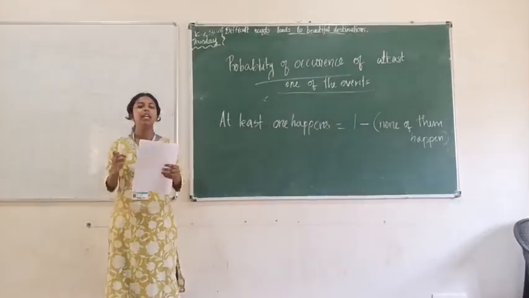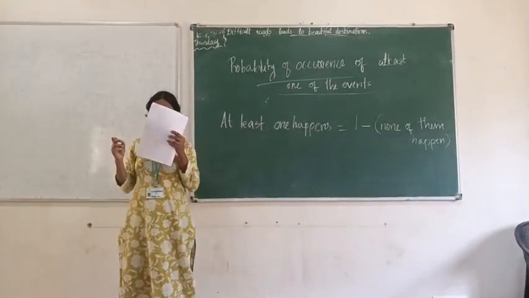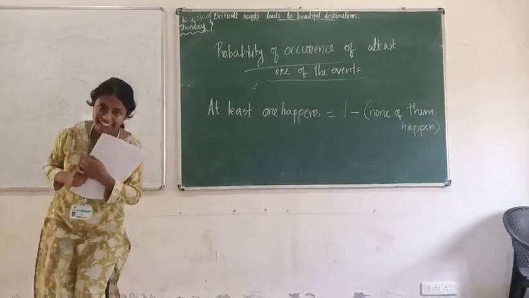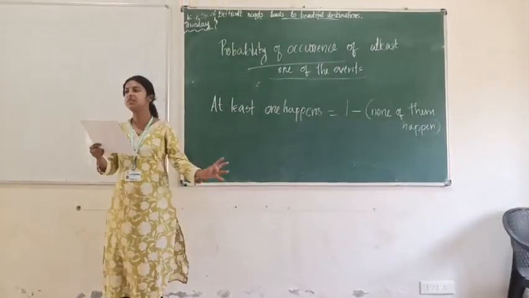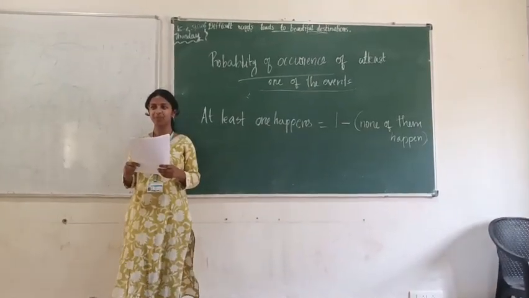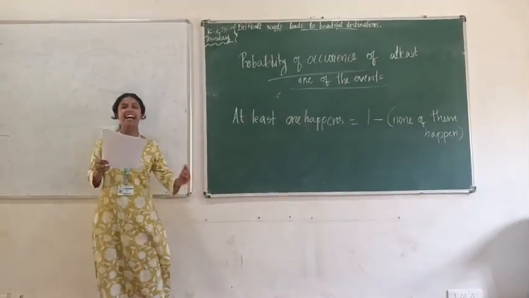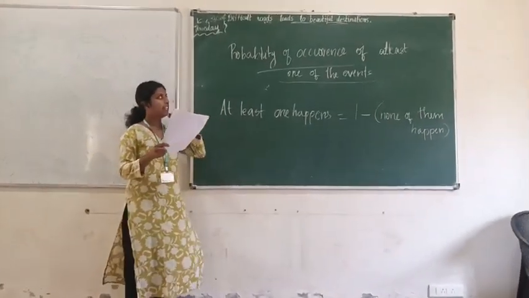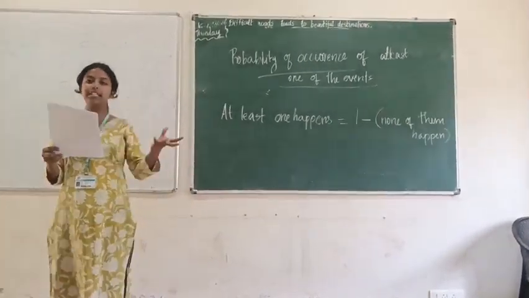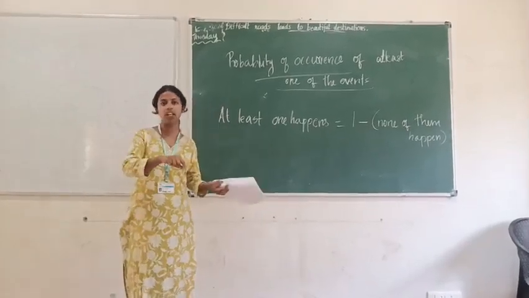For example, if we are tossing a coin, there is a possibility of getting a head or tail.